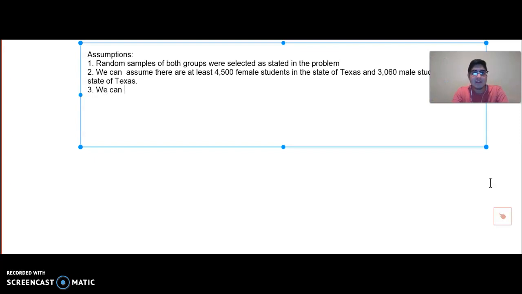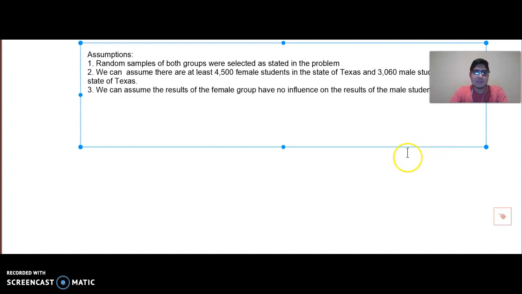Next up, we can assume the responses of the female students have no influence on the results of the male responses.